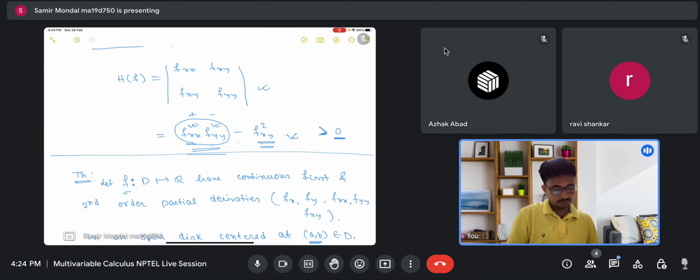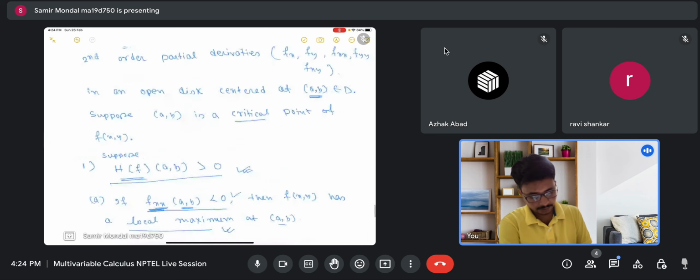So now we are going for one simple example.